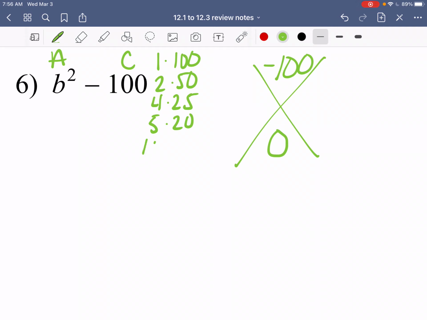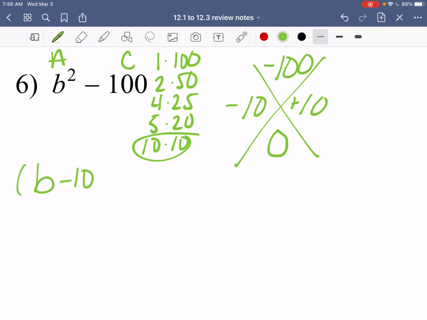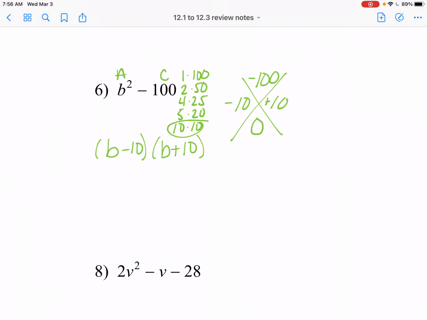And then I'm just going to skip to the one I know. It's 10 and 10. So the only possible one that's going to give you 0 if you add or subtract them is 10 and 10. One needs to be a positive and the other one needs to be a negative, so I can get a 0 if I subtract them. So that is b minus 10, b plus 10. And that's called the difference of squares, which you'll do this week.